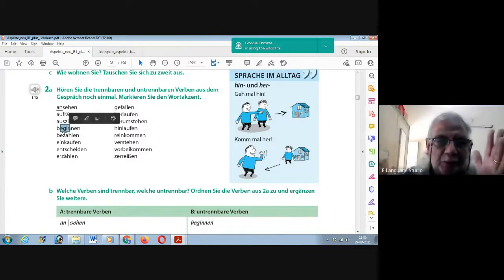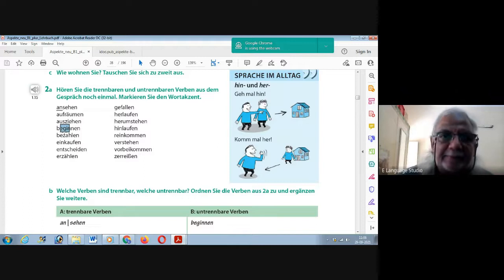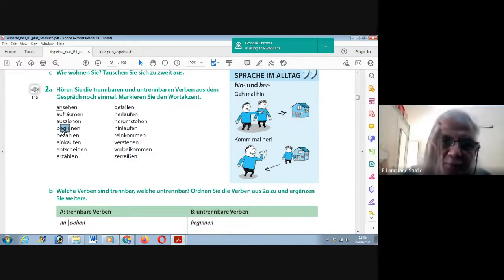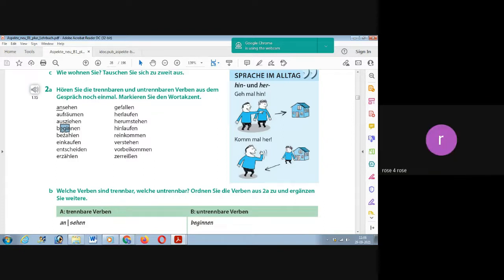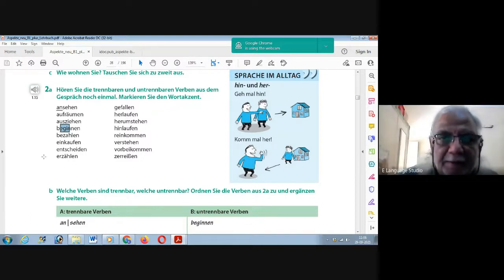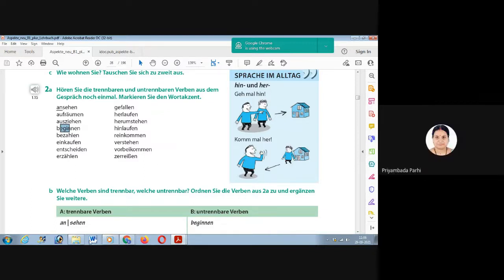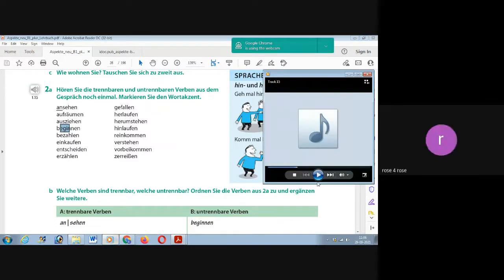So when there is a non-separable prefix, don't put your accent on the prefix, but on the word itself. Don't stress that, don't put emphasis on that. That is what makes up our rhythm. Darüber haben wir gestern auch ganz kurz gesprochen. So, jetzt weiter.